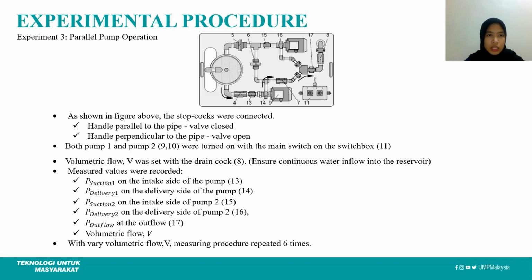For this experiment, we also switch on both pump 1 and pump 2, and then we measure the values of P suction 1, P delivery 1, P suction 2, P delivery 2, P outflow and volumetric flow. Then we repeat the procedure 6 times. So that's all from me. Thank you.